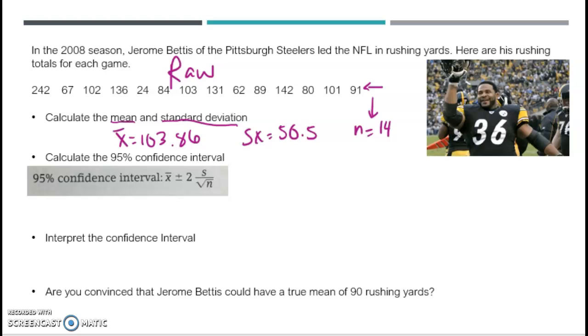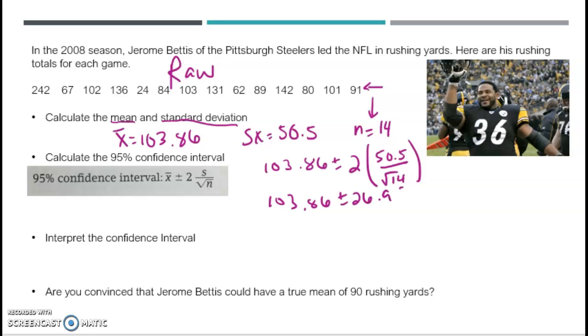Okay, so I have 103.86 plus or minus 2, from the 95% confidence of the empirical rule, times 50.5 over the square root of 14. Okay, 103.86 plus or minus, and I went ahead and just multiplied it out, so plus or minus 26.99.